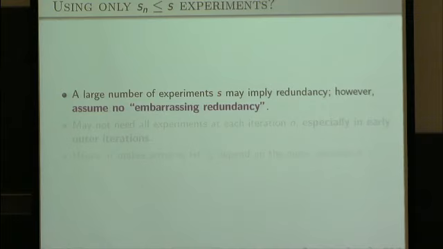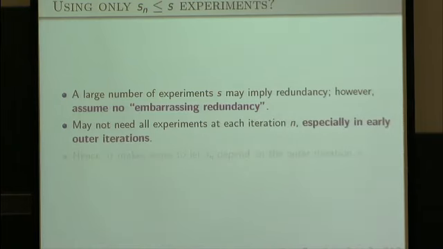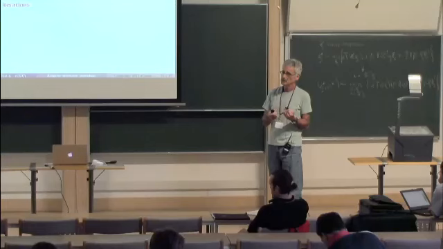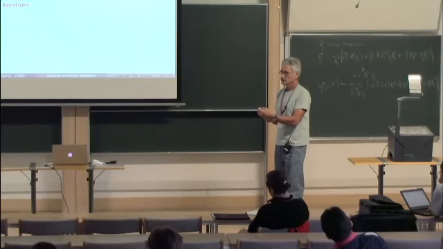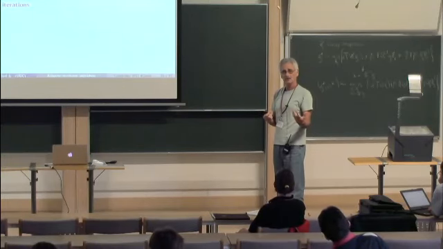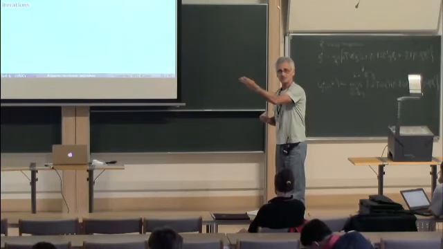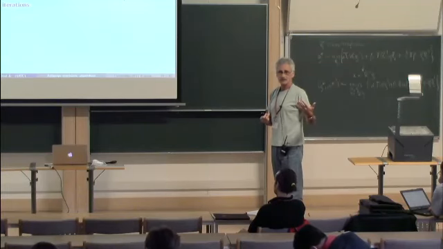So let's assume that my S, the number of experiments, really is more or less needed for a good reconstruction. Still, do we really need all of them, all experiments at each iteration? Okay. For example, at the beginning, all I want to know is where to go. So maybe I don't need all S experiments for that.